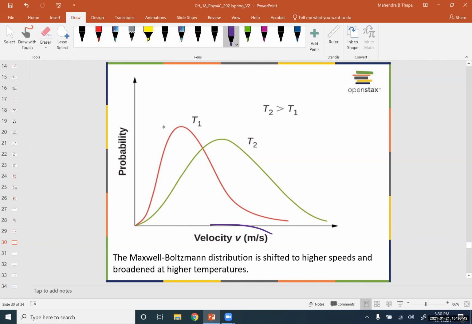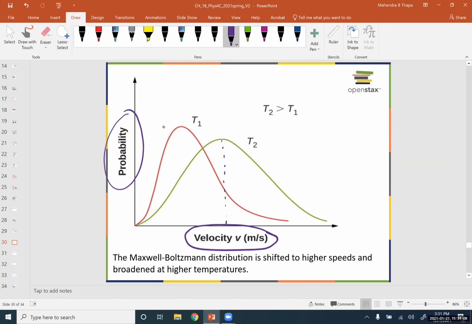So again, v is plotted along the axis X and probability along the axis Y. But say in this case, temperature T2 is higher than T1. So if you see in the plot, at higher temperature, the speed of the molecules will also shift towards the right.